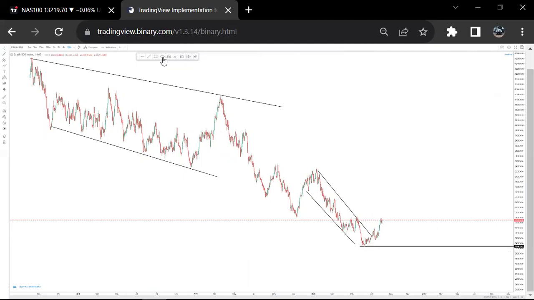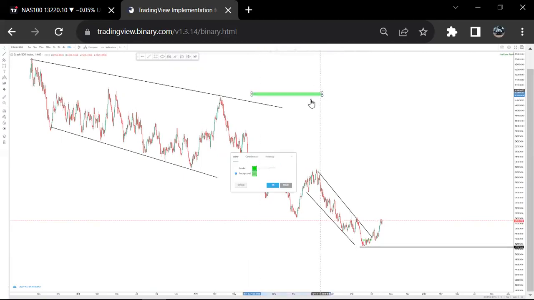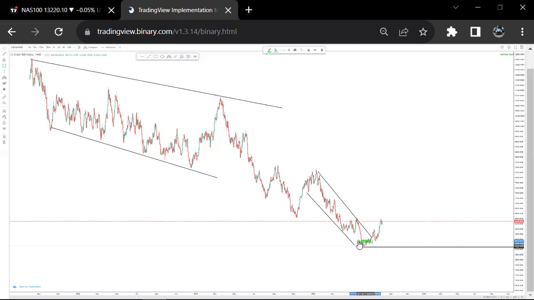As you could see, guys, this is the head.